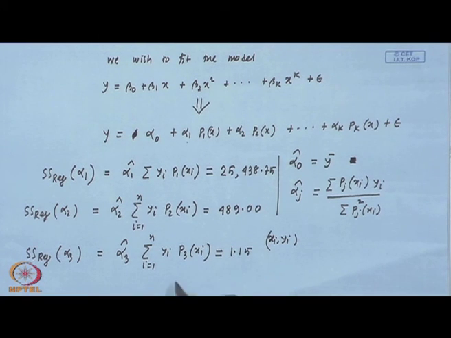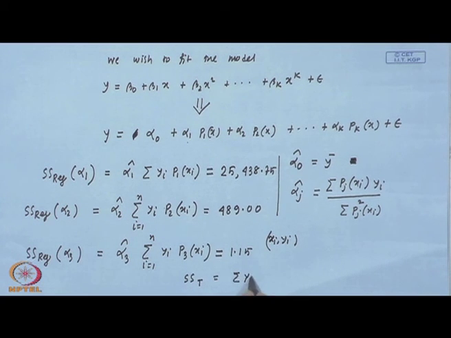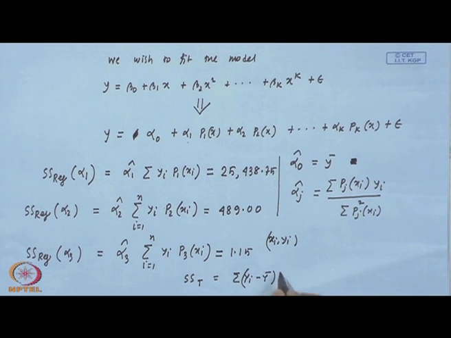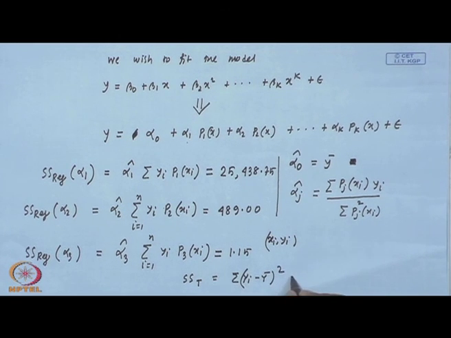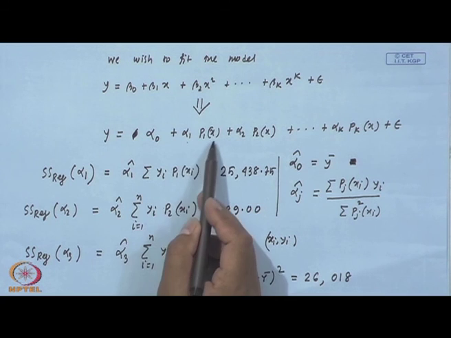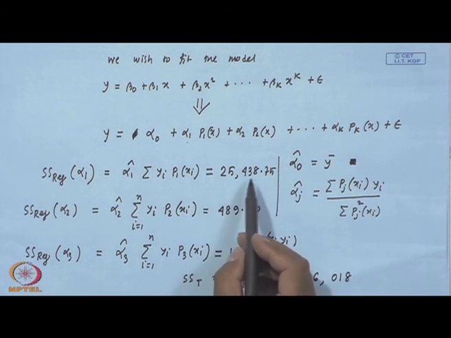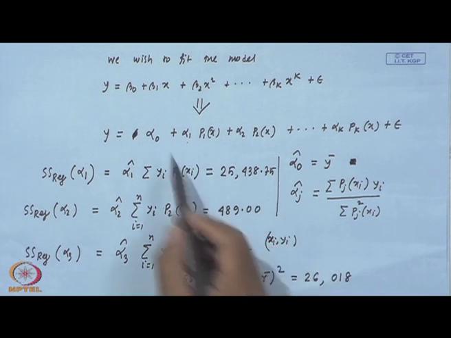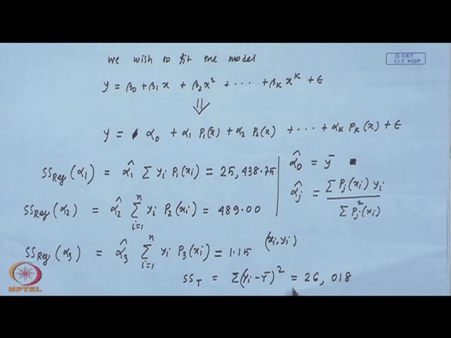Let me repeat that SS total, that is the variability in the response variable about the mean, is equal to 26,018. So, you can see this is the total variability, and the first order term or the linear term has already explained a major part of this total variability, and alpha 2 is also significant. This is 489.